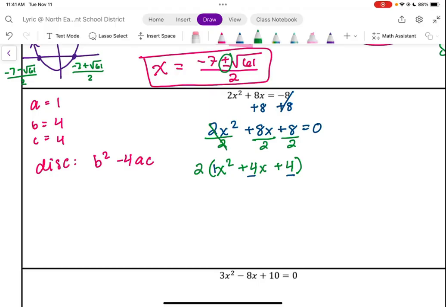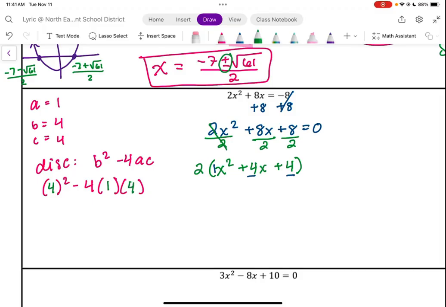So plugging in our numbers, B is 4. A is 1, and C is 4.